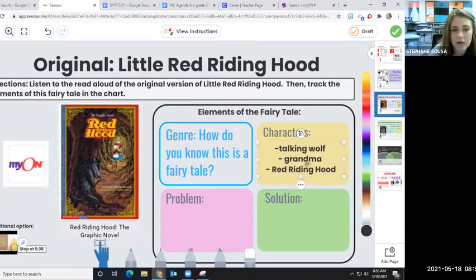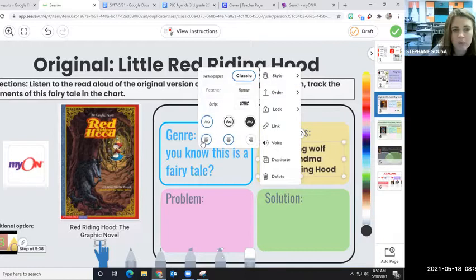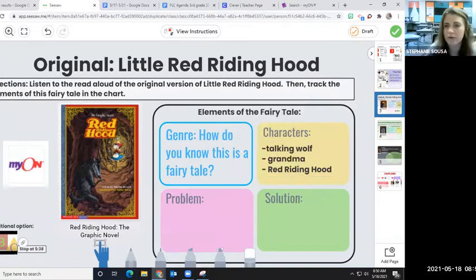So we've got a talking wolf, we've got Grandma, and we've got Red Riding Hood. Go ahead and track those characters, please. I'll give you a moment. I also want you to be thinking about the problem.